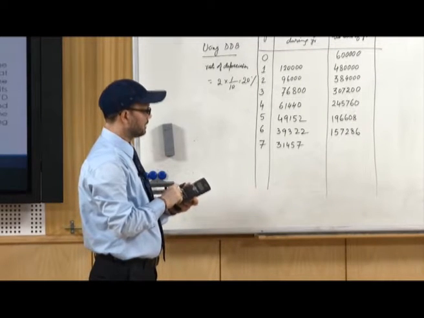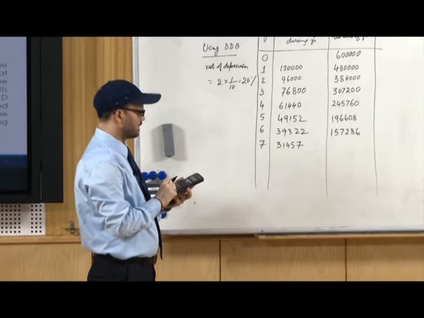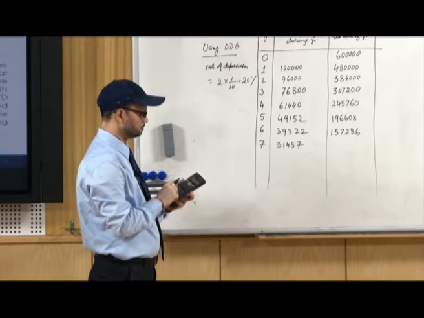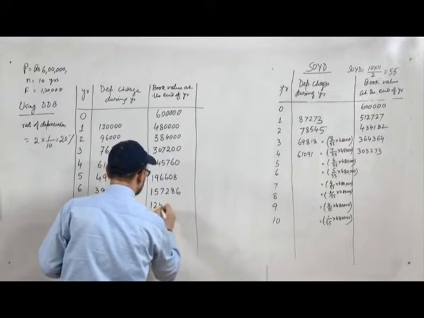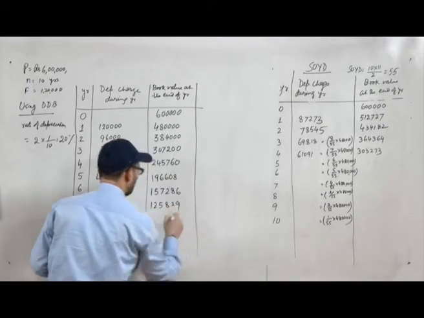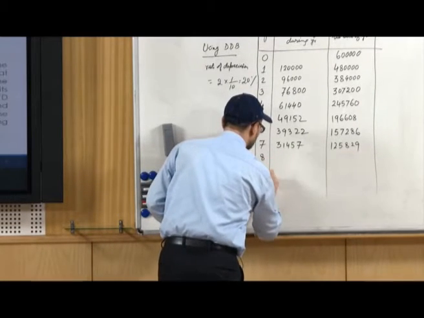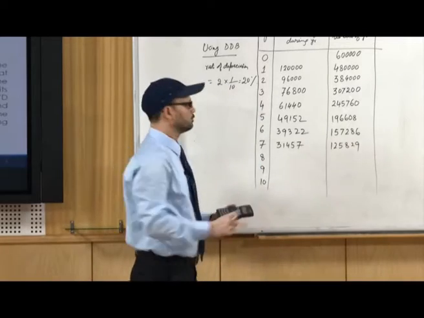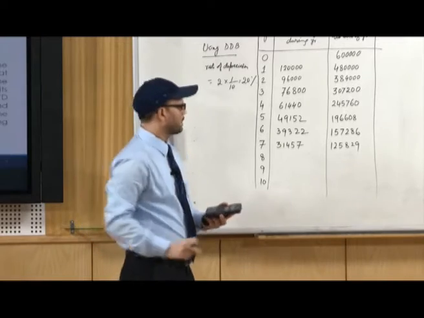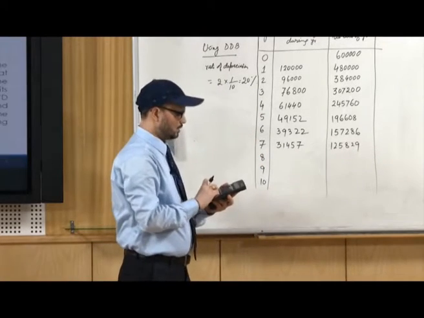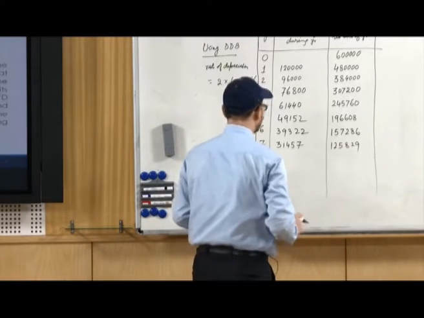So, 157,286 minus 31,457, that is 125,829. Now, if we calculate the depreciation charge during the 8th year, it should be 20% of this amount and this comes out to be 25,165.